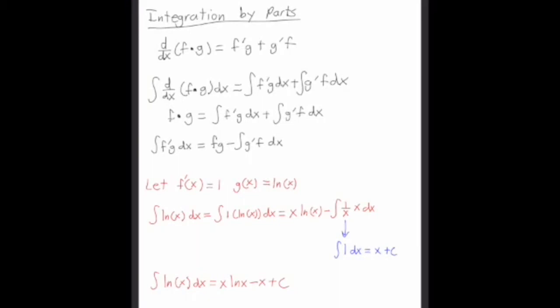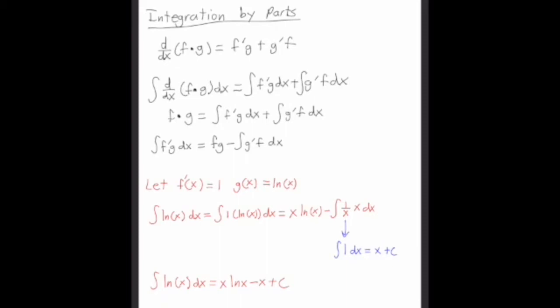Since f prime is 1, that means the antiderivative of it is x. According to the formula, the first part is f times g, and g we set equal to ln of x. So the first part we get x ln of x.